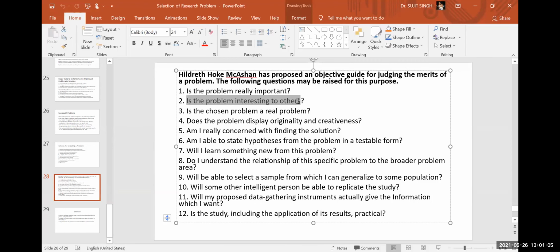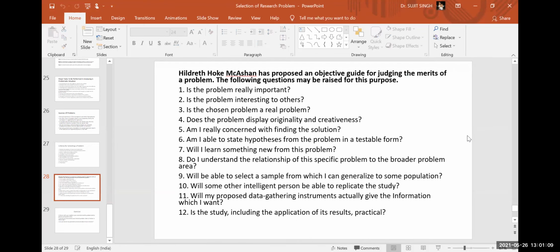Is the problem interesting to others or not? It is not a matter of your interest only. Is the chosen problem a real problem or a hypothetical one, something you are designing from your mind? It should be a real problem.